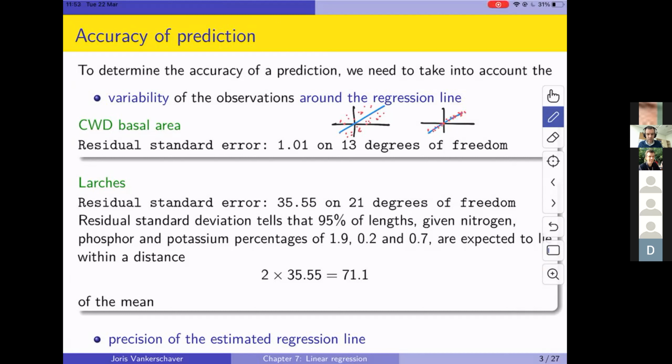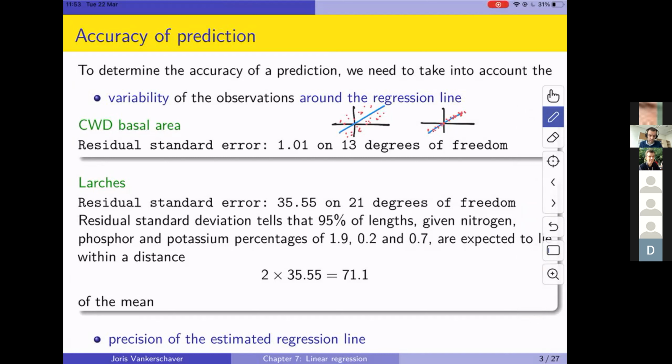So in the first case, we have high variability of the observations around the regression line. And in the second case, we have low variability around the regression line. For the examples that we've seen so far, we were able to look at the distribution of the residuals and estimate the variance and the standard deviation of the residuals.